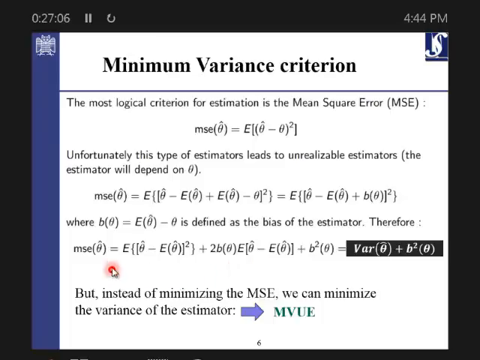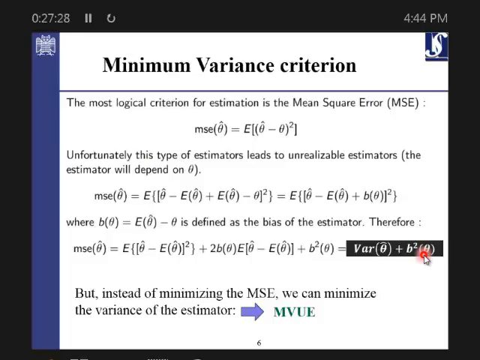This fixed error means variance or bias, one of them should take the advantage, because that's constant. And you have this plus this. So either you play with the variance and make the bias fixed, or the other way around.